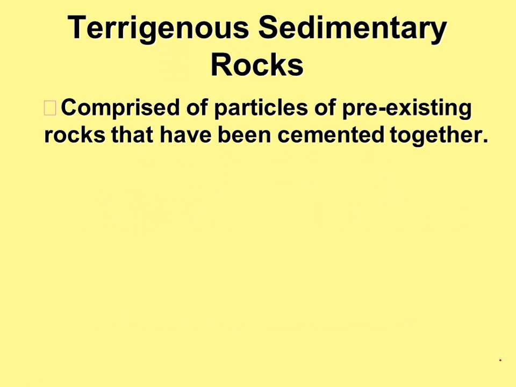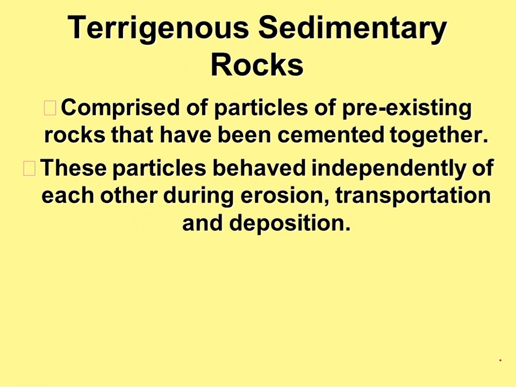Okay, so ferruginous sedimentary rocks comprise particles of pre-existing rocks that have been cemented together. And the point of importance here is these particles, during the life history of their development, behaved independently of each other during the process of erosion, transportation, and deposition.